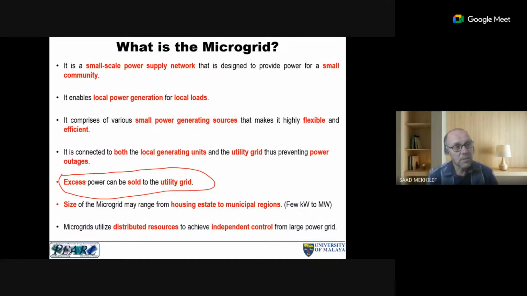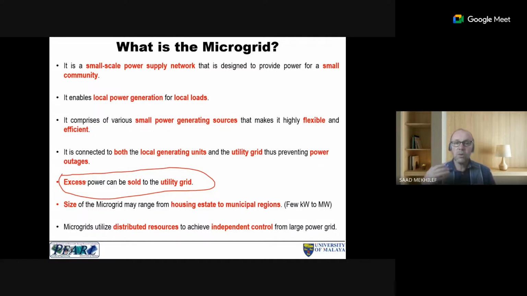However, recently most countries have reduced the FIT, the feed-in tariff. The feed-in tariff used to be very high, especially if you generated from renewables. I'll give you an example in Australia, around 15 years ago. The price of electricity was almost two times.